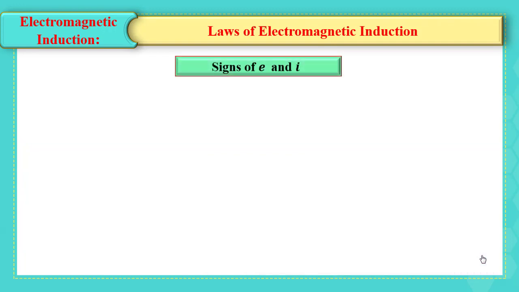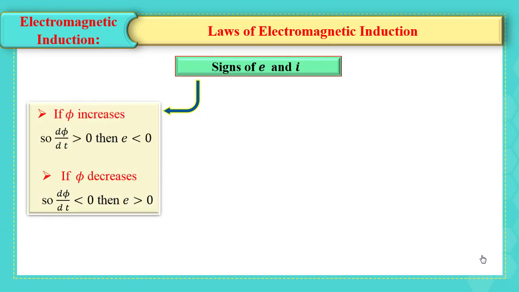Signs of E and I. If phi increases, so d phi over dt is greater than 0, then E is less than 0. If phi decreases, so d phi over dt is less than 0, then E is greater than 0.